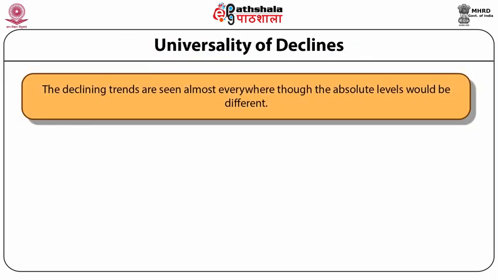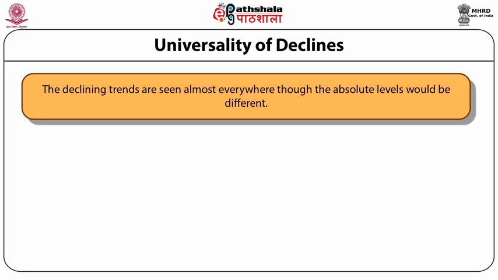So what we have to understand is that absolute levels of sex ratios would definitely be different. Eastern India, Bengal, would look very impressive. Southern India, some parts of even Tamil Nadu or parts of Andhra or Karnataka and large parts of Kerala, would have fairly good ratios.